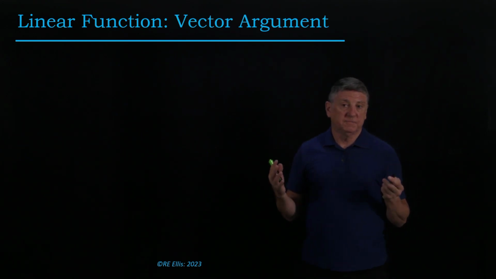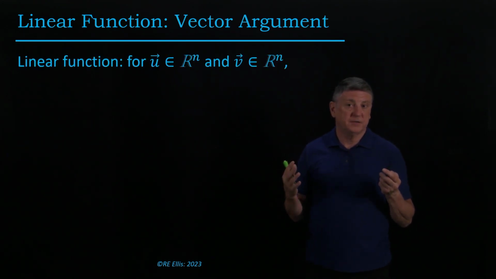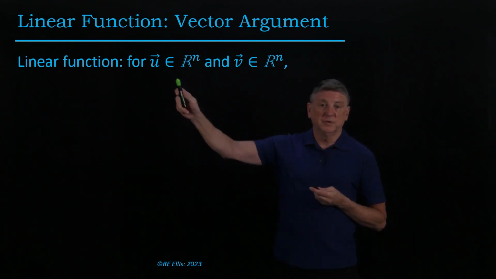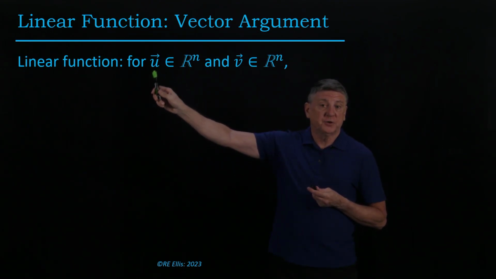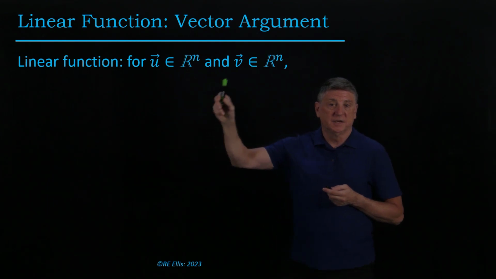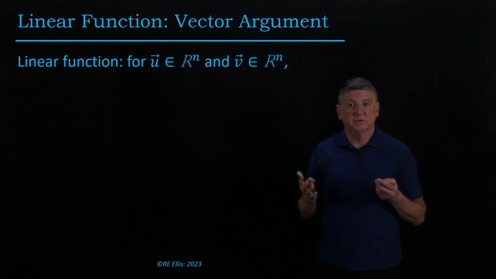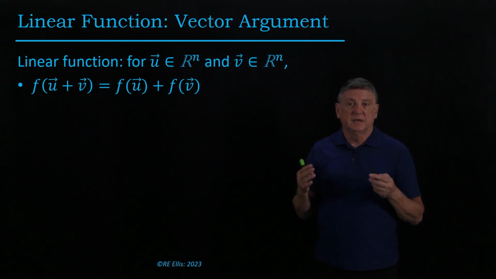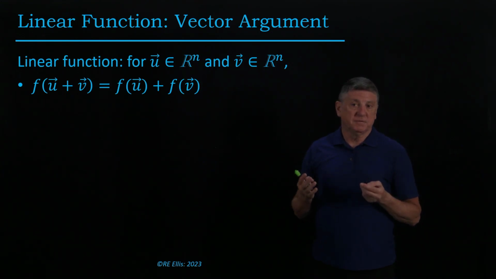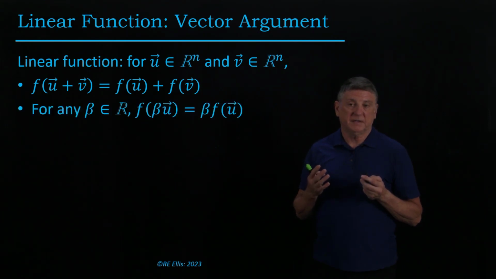Now, a linear function can also have a vector argument. So here what we'll do is we'll imagine that we have a vector u that has n entries, a vector v that has n entries, and we're going to parallel what we did with a scalar function. That is, if we map the sum of the vectors, that has to equal the sum of the maps of the vectors.